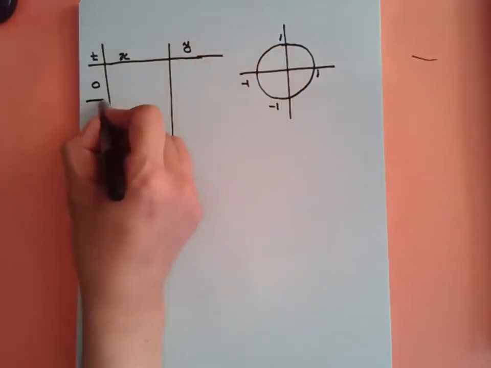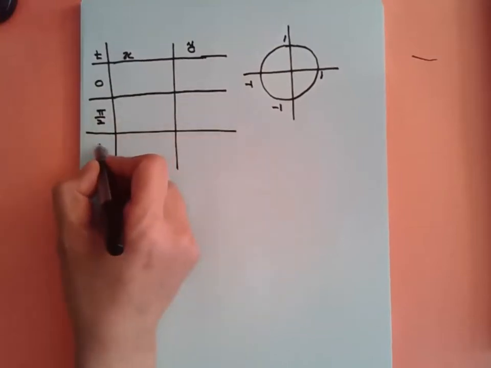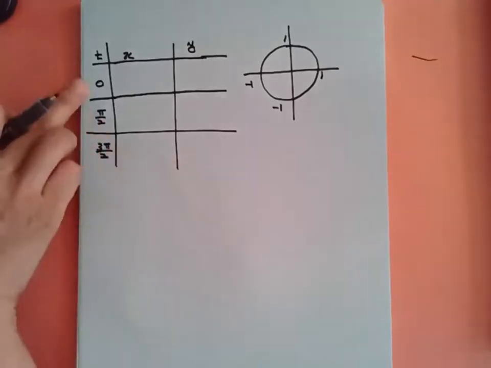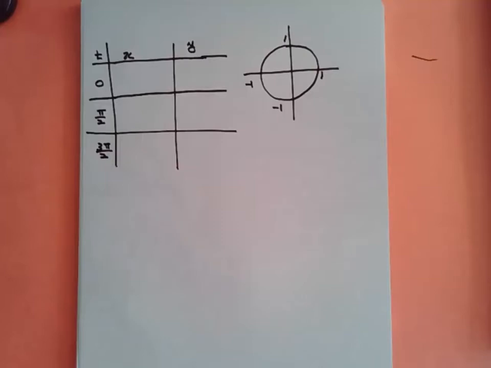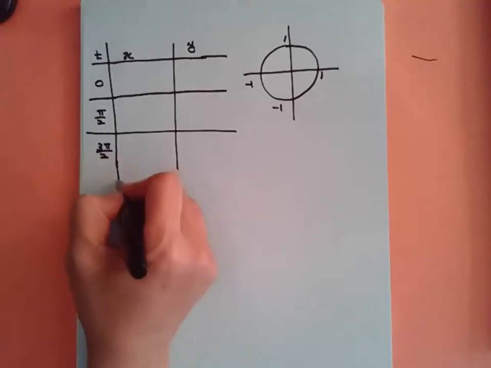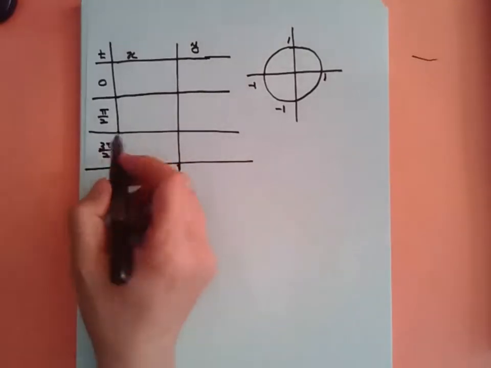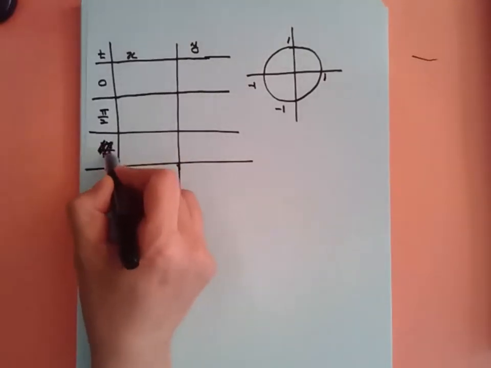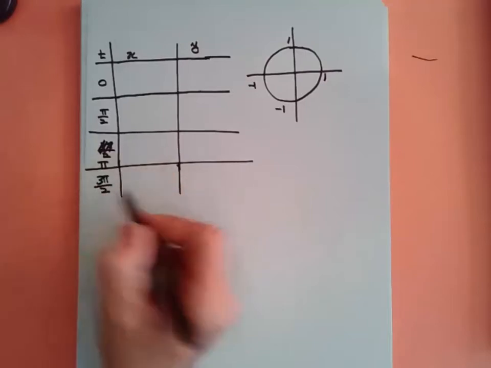So what I will do will be, I will just evaluate at 0, pi over 2, pi, and 3 pi over 2, and 2 pi will become 0, and it will repeat the pattern because we are thinking about a periodic function. So it is enough to evaluate only at those points.